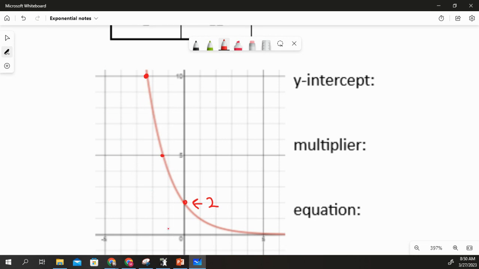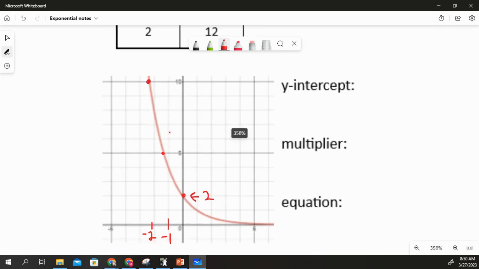Now over here, I'll say that this x value here, this is about -1, I think. And then over here, this is -2. Let's just say that that might be what it is. So if you had to go through and guess, we got 2 for our y-intercept. That's what I meant to say.